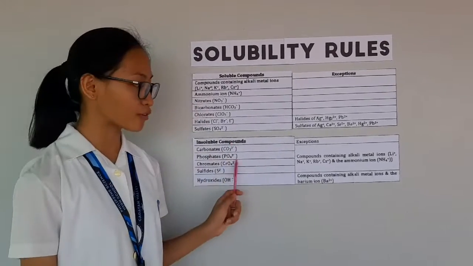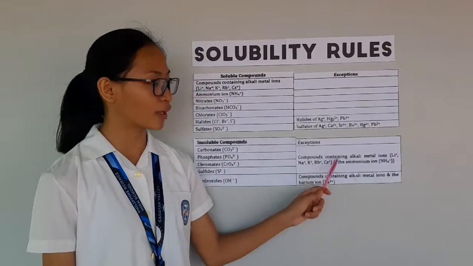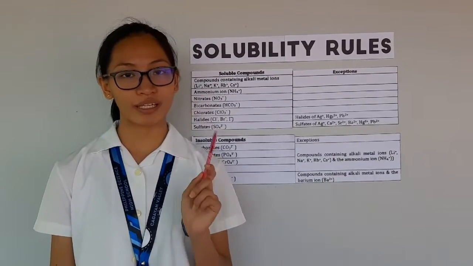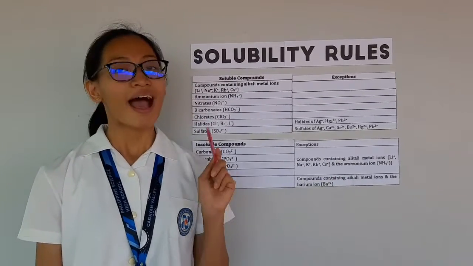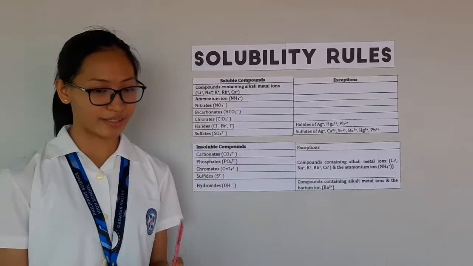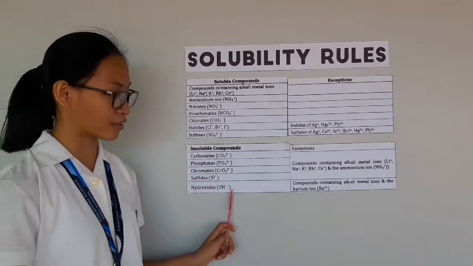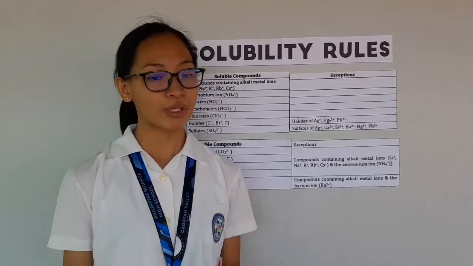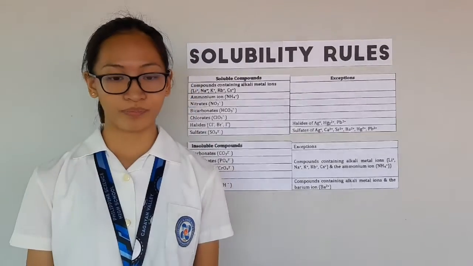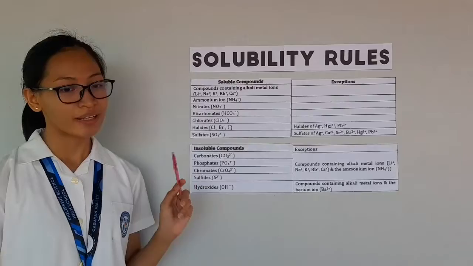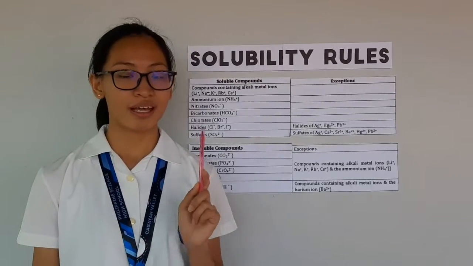If these compounds are not attached to any of the Group 1A metals or ammonium, they are typically insoluble. Lastly, the hydroxides. Whenever they are attached to Group 1A metals and barium, then we know that they are soluble. And if they don't have these metals attached, then we know that they are insoluble.